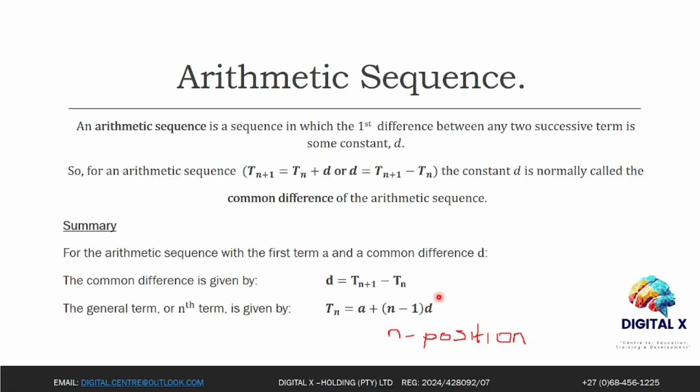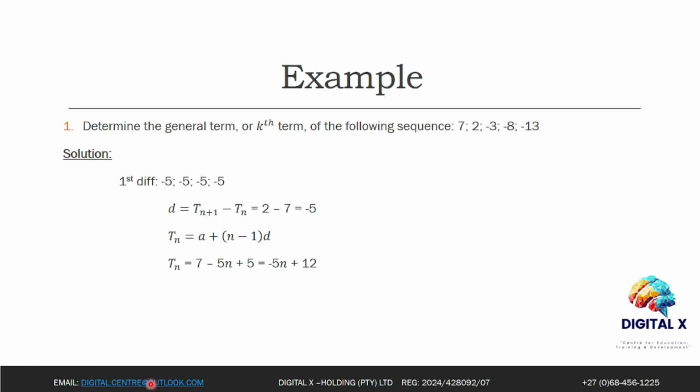Now let's look at this example, which I consider to be the most simple and straightforward example on arithmetic sequence. In this example, we are requested to determine the general term, or rather the kth term, of the following sequence. The sequence is 7, 2, -3, -8, and -13.